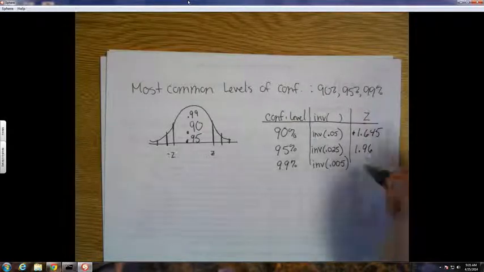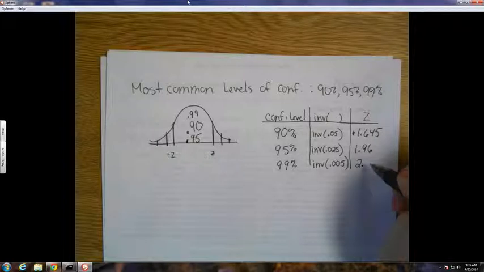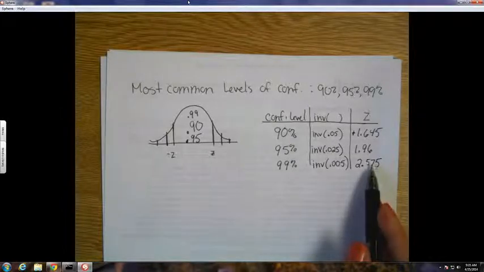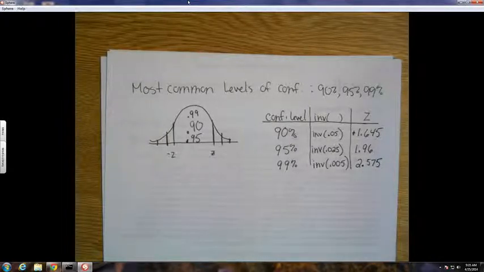And this one goes out three places too. They use 2.575. Is it 2.576 on there? Yeah. So that's what the book uses. If you don't, it's okay because you're going to show me work anyway. It'll be slightly off from the answers I read or that are in the book.